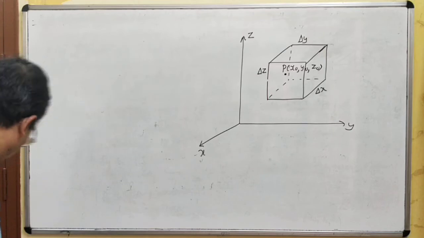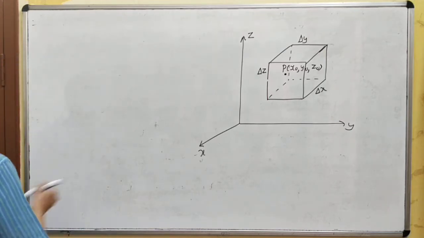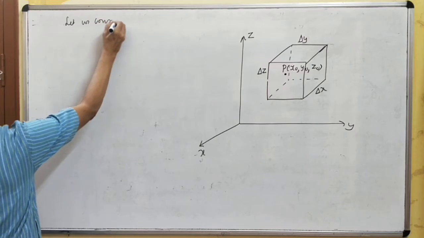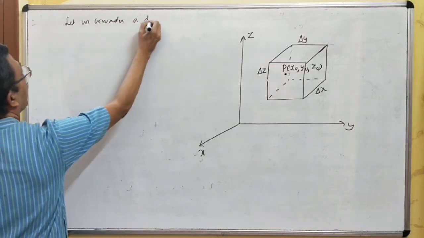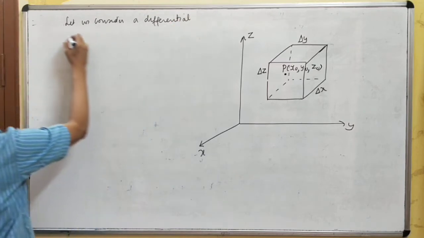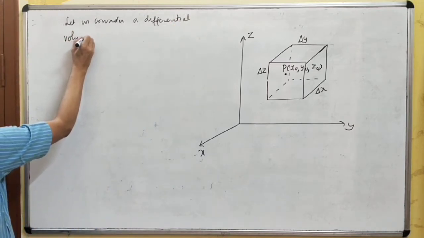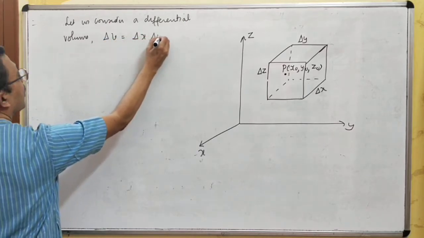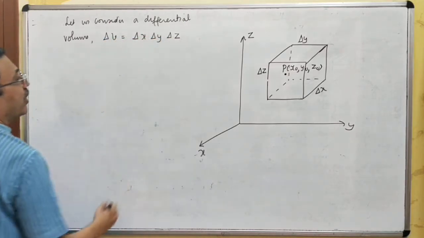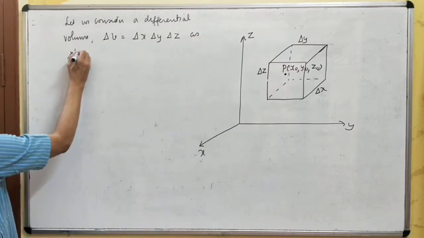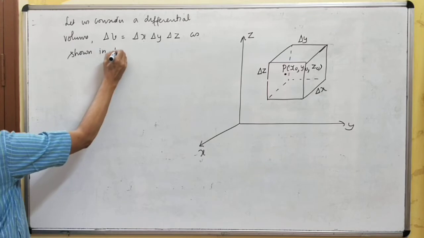I am going to pen it down now. Let us consider a differential volume, delta V equal to delta x into delta y into delta z, as shown in the figure.